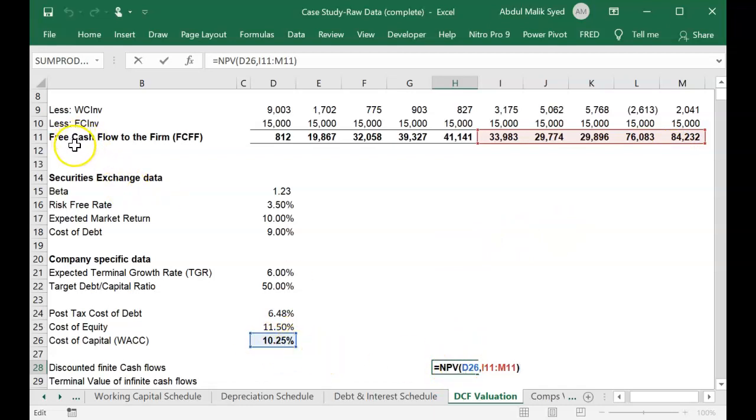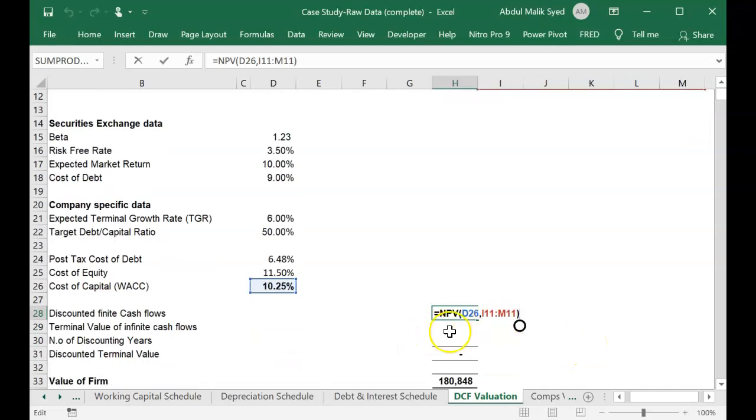Why? Because these are unlevered cash flows, called free cash flow to the firm, and need to be discounted by WACC. So using the discounting formula, we get the present value of the finite cash flows.